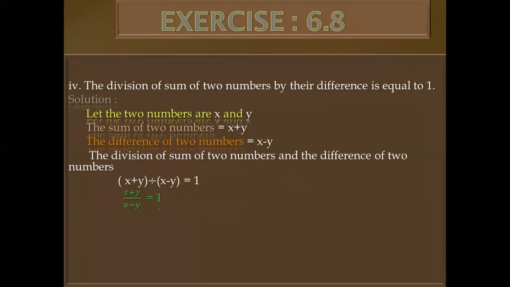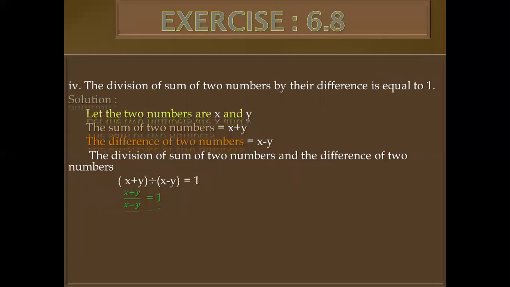The fourth part is about division. In this question, what will we do? We divide the numbers. The sum of two numbers, sum means plus, by their difference. "By" means the next term will be after the division sign. The sum will be before the division sign.